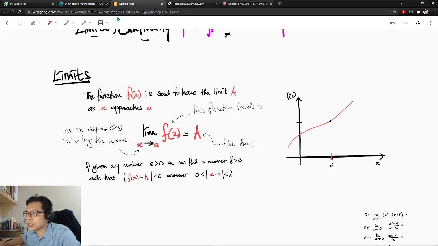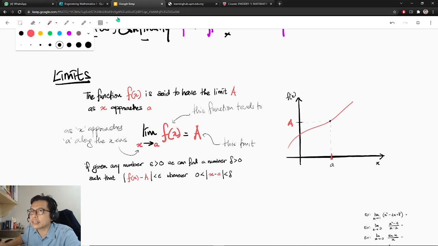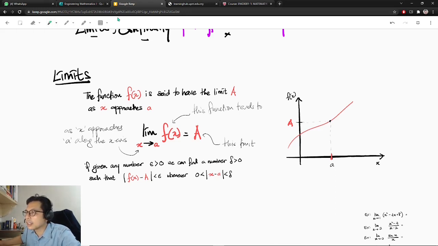According to this, it should approach a here. So let me draw a straight line here. What it's saying is that if x is approaching little a, either from the left-hand side or the right-hand side, you can say the limit is a right here.